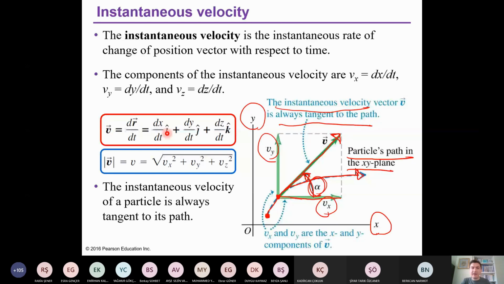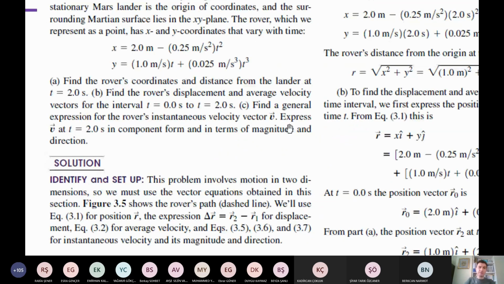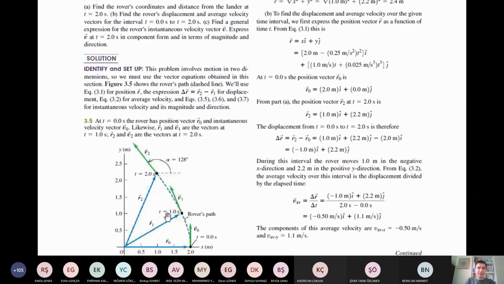So if you know the x, if you know the y, if you know the z, and if you take the time derivative of these components, then you can calculate instantaneous velocity in terms of time, right? Here we have x and y. If you take the time derivative of these two positions, then you can get the general expression for the rover's instantaneous velocity vector. Let me show you this graph here.